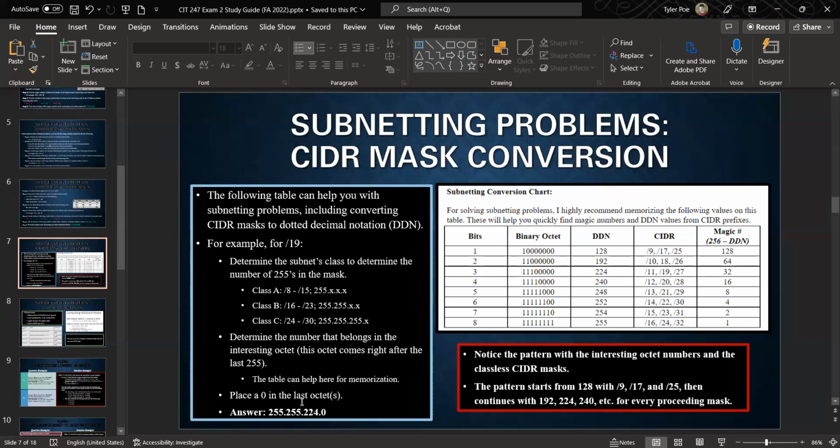Put it in the interesting octet, and then you place zeros in the last octets that are not 255 or the interesting octet. So notice the pattern with the interesting octet numbers and the classless CIDR masks. I already went over all this. If you just pay attention to what the slide is saying and memorize these patterns, calculating these masks becomes very easy.